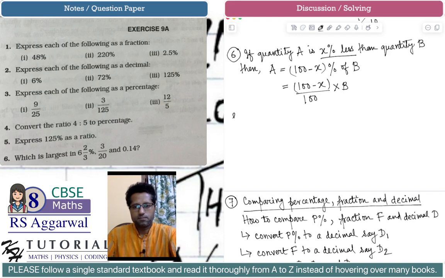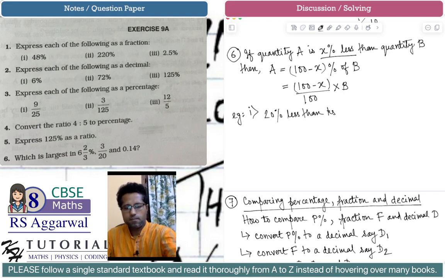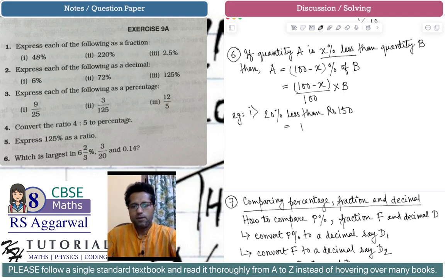So as an example, let's say 20% less than rupees 150 is equal to 100 minus 20 percentage of rupees 150. This is equal to 100 minus 20 is 80 percentage of rupees 150.